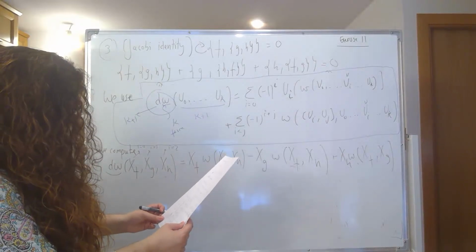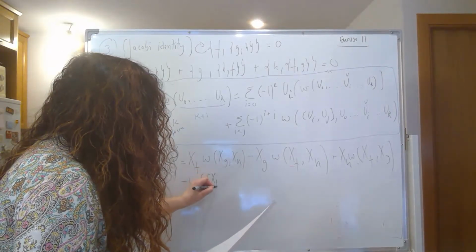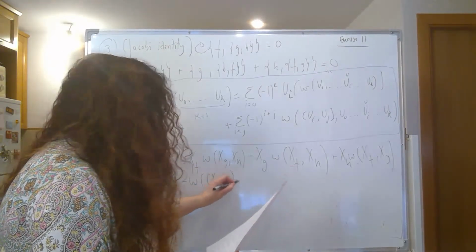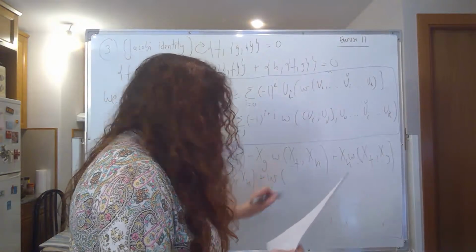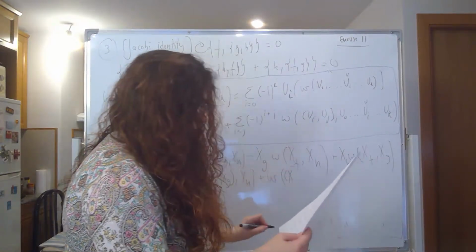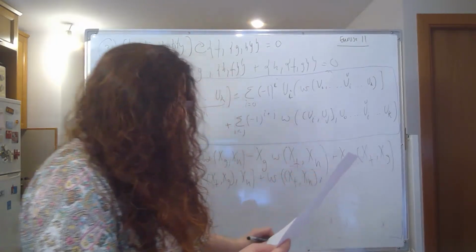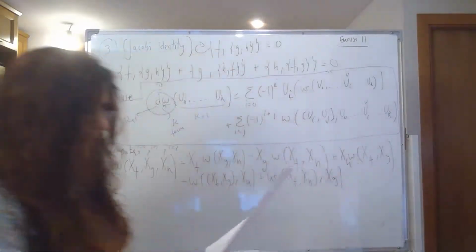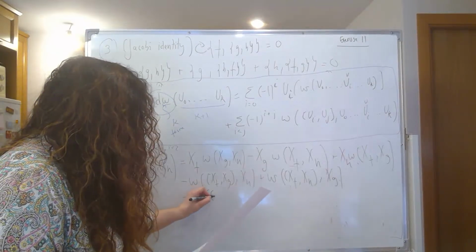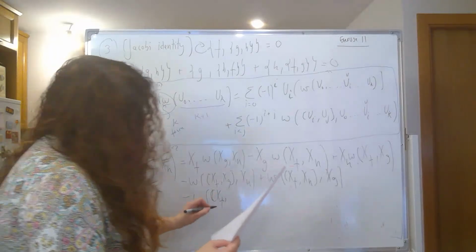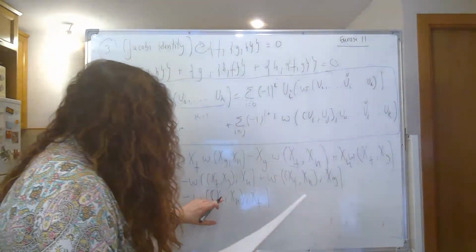So the three remaining terms that I have with the sign are omega of xf, xg, xh, plus omega of xf, xh, xg, all right, minus omega of xf, xh, xg, no, that's g, sorry.